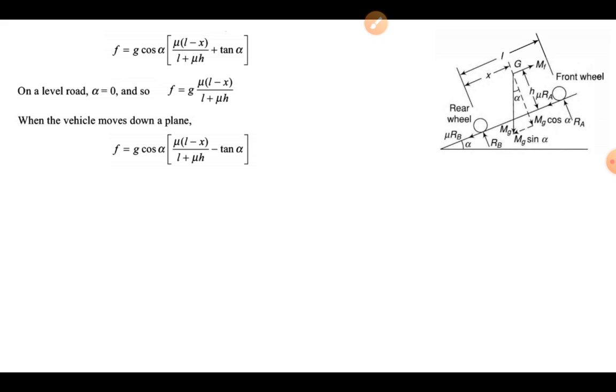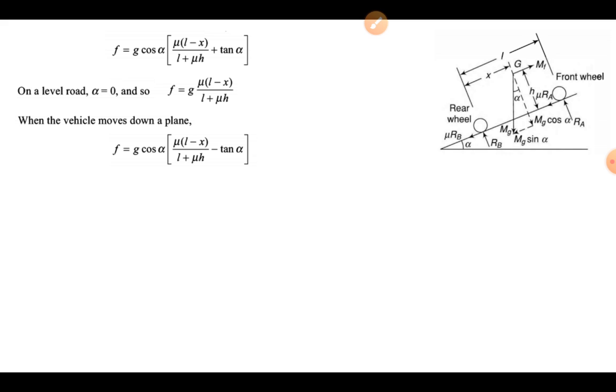Okay, so in this case the vehicle was moving on a flat surface, which is a horizontal surface. The next case will be when the vehicle is moving downwards or downhill, right? So in that case, when you solve like the previous case, the value of tan alpha will be negative, because the mg force which was acting in the opposite direction will now act in the other direction, right?